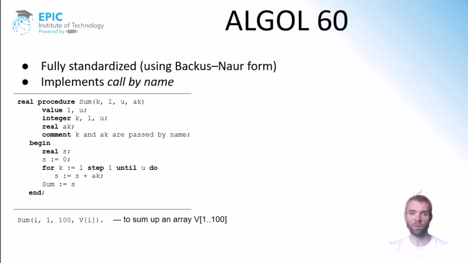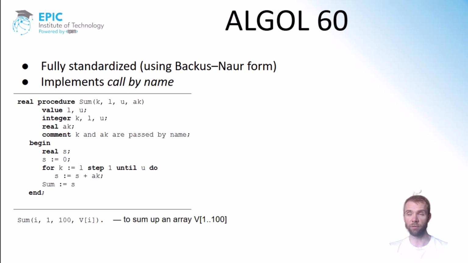So one way is call by value. When you call a subprogram, a procedure, all its parameters are passed as their values. So if you have a parameter named a, and at the time of the call of the procedure the value of a is 5, then actually the number 5 will be passed instead of some abstract name a.